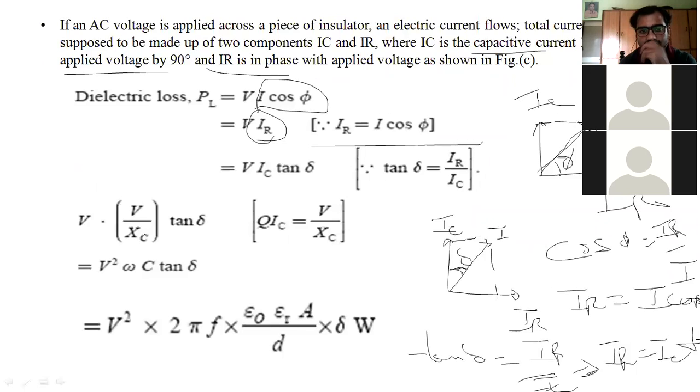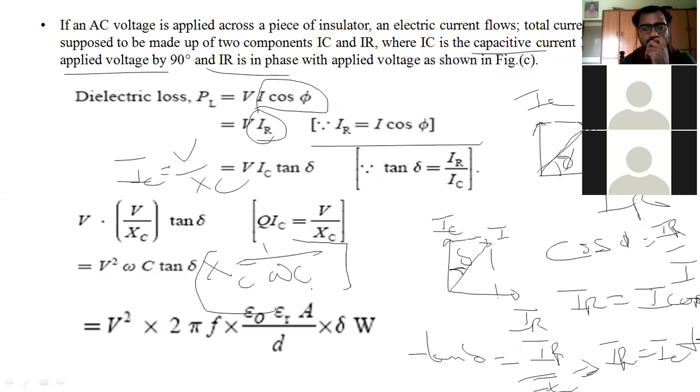So just placing IC is equal to V by XC, that is V by XC into tan delta, where the capacitor current gives your V by XC. XC is nothing but 1 by omega C.